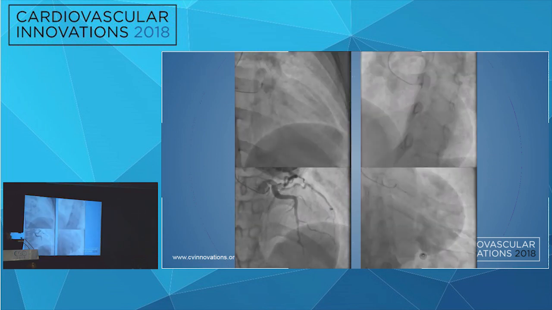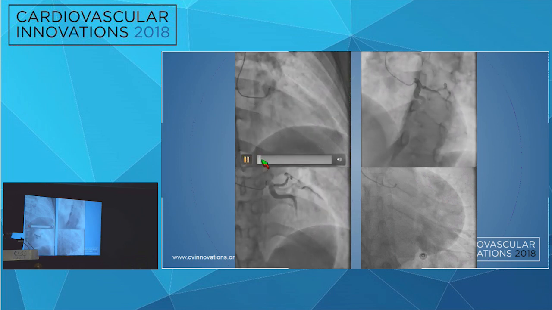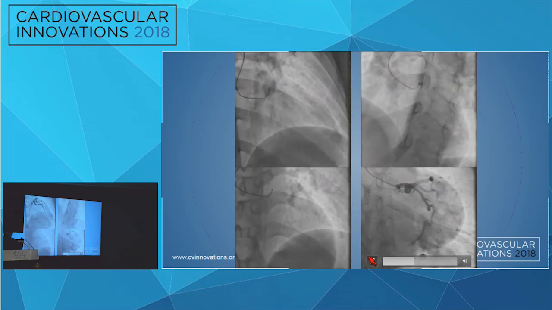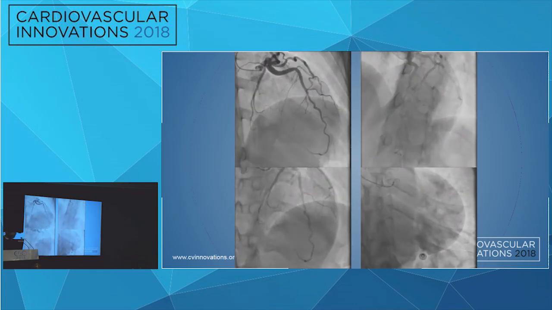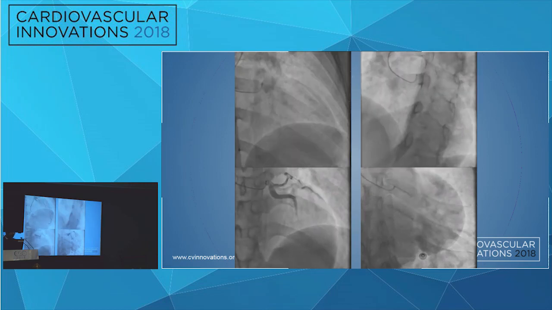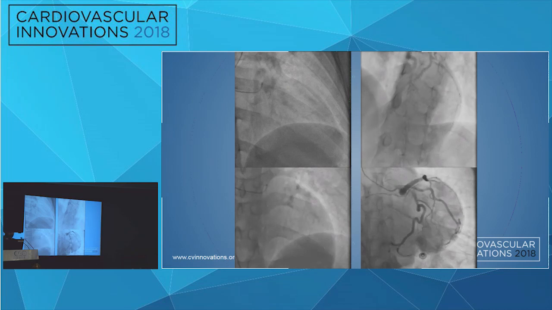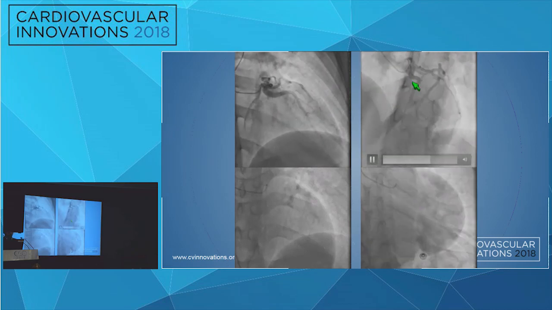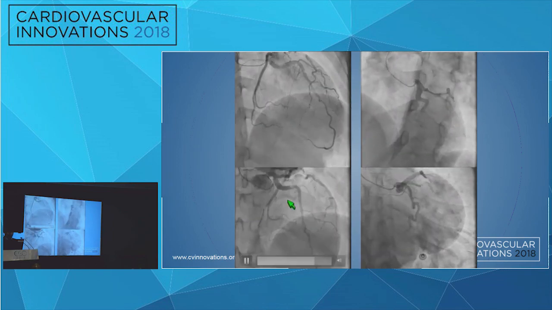Okay, so the angiogram. Quick question here: is anybody concerned about anything in these images? There is an ectatic-looking proximal LAD, even the left main, and a weird takeoff of the LAD. In the cranial view, you see the LAD here, kind of ectatic.